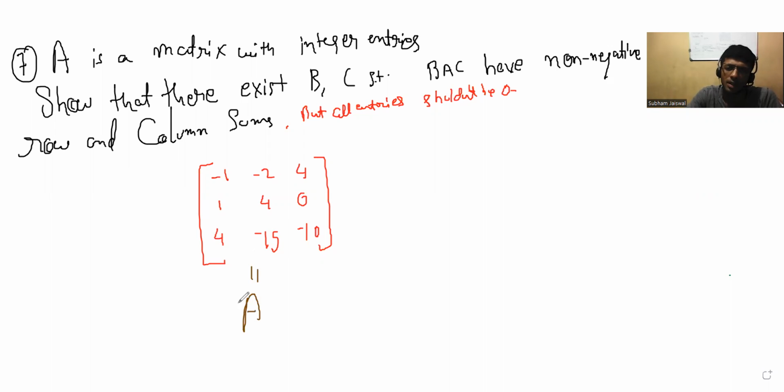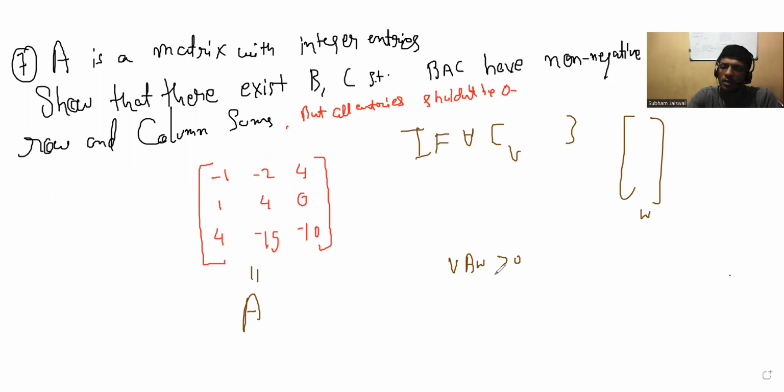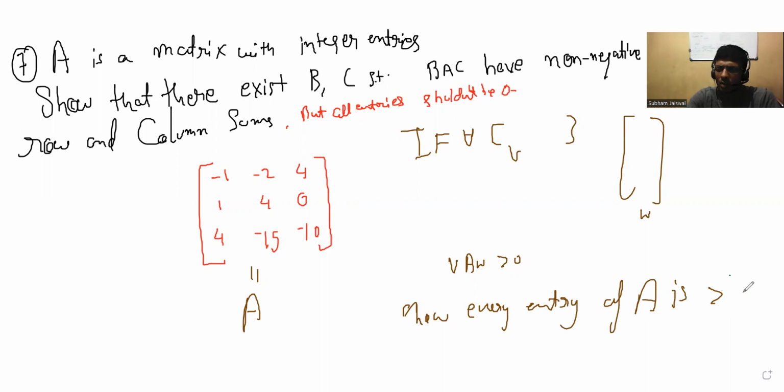If A is this, now, if for all row vectors V and column vectors W, VAW is positive, then show that every entry of A is positive. It's a very simple question.